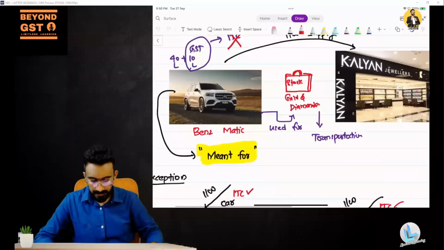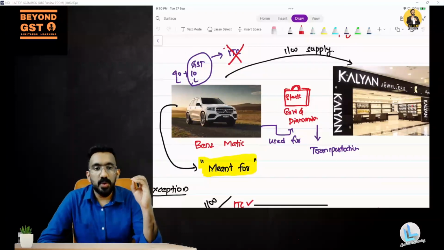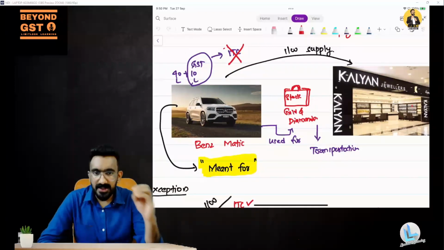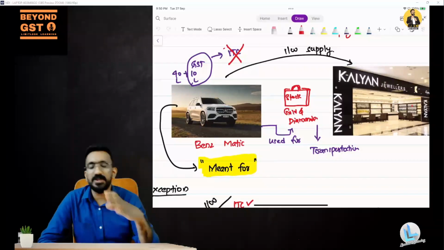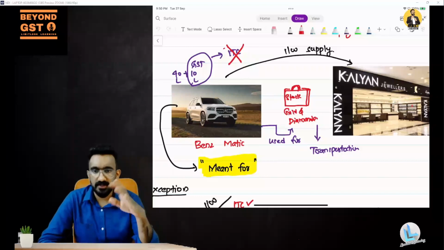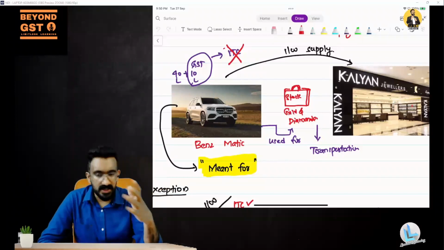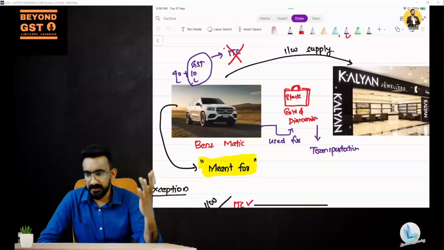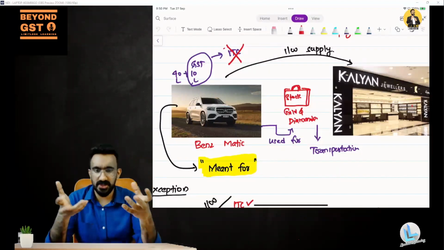Look at another example. Kalyan Jewelers wanted to transport their jewelry from one branch to another. Will they purchase a truck for transporting jewelry? No, they purchased a Mercedes Benz, a very good luxury car, for transportation of their stock.